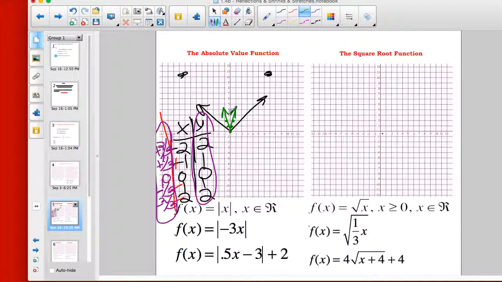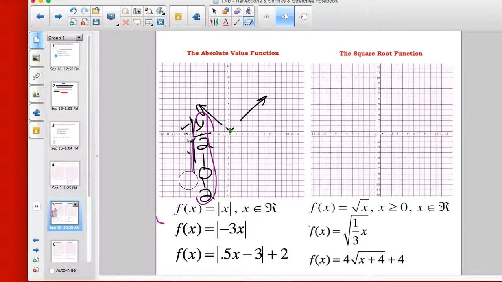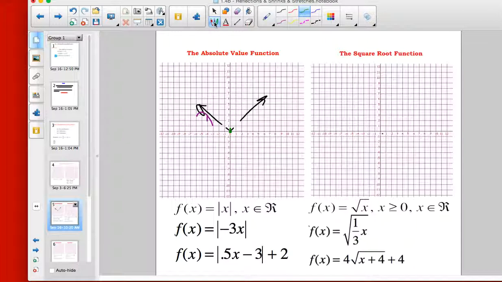If we did the second one, a little bit more involved. Let me erase the rest of this. But it would pretty much be the same thing. So we have 0.5. Well, actually, we'll just talk about it.